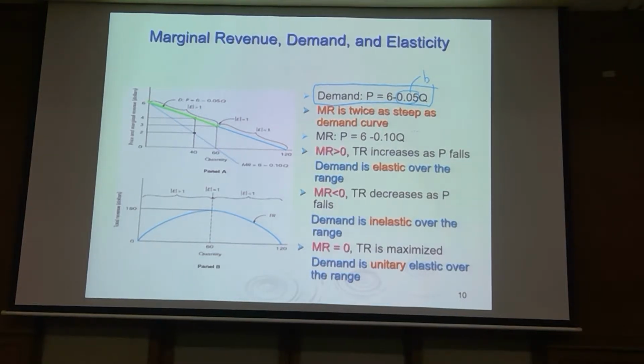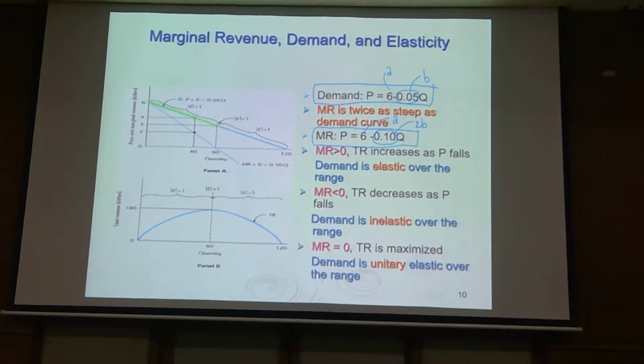And then this is our marginal revenue curve. Here is A, based on the equation before. Marginal revenue, same thing: this is A, and this is 2B. So this is the same as I showed you how we get the marginal revenue equation based on the demand equation.